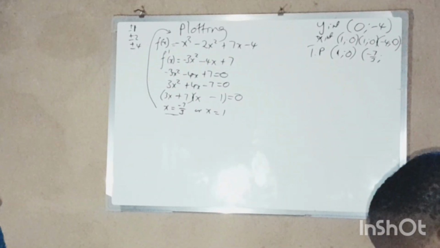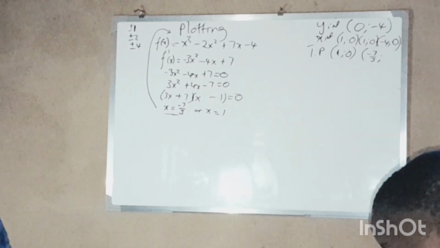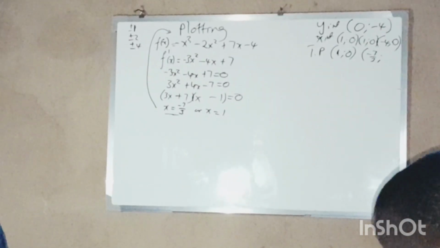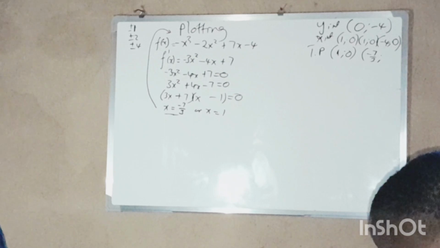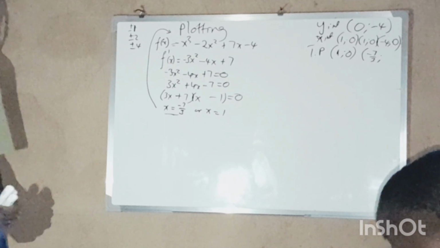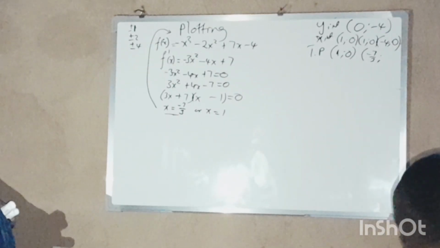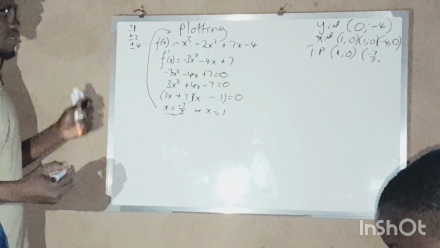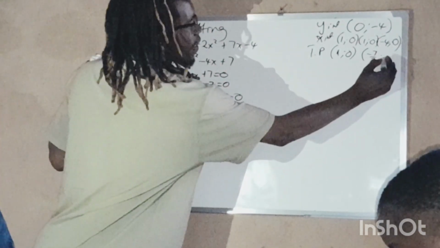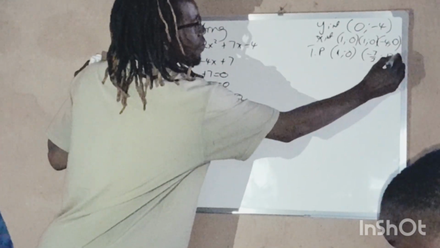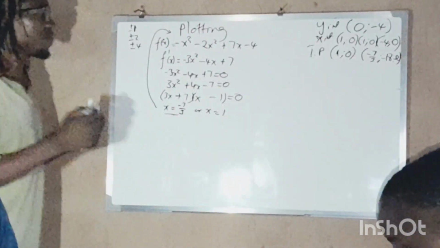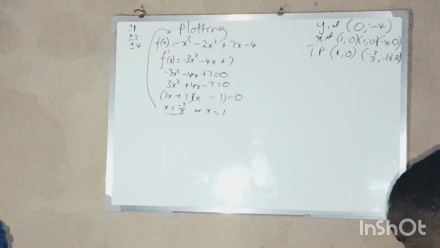What do we get? Minus 18.52. And then from then we are going to find the what?